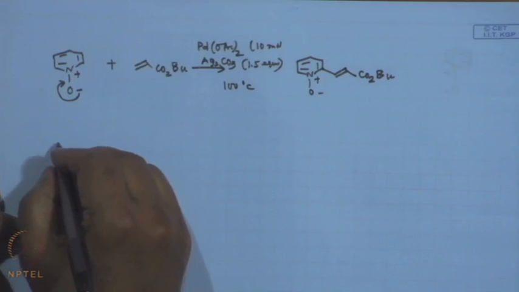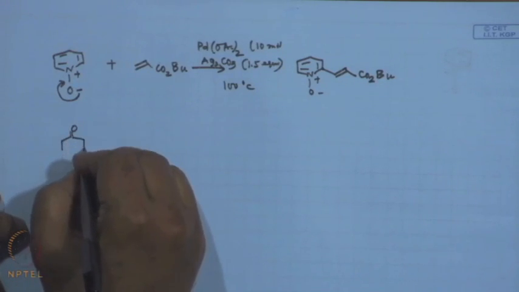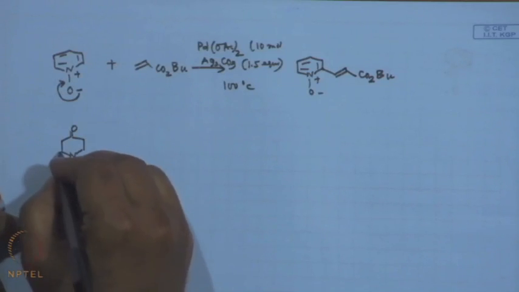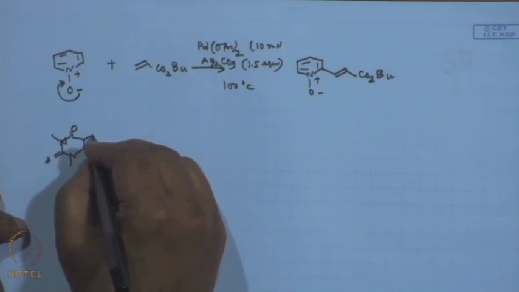Only very recently has this sort of reaction been extended to other heterocycles. In this case it is a purine nucleus, and all nitrogens are protected here.